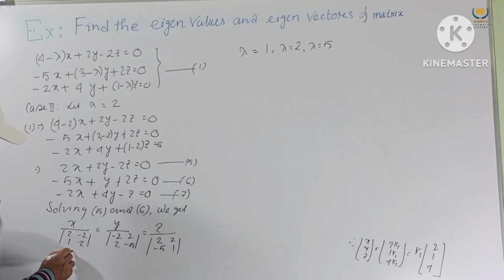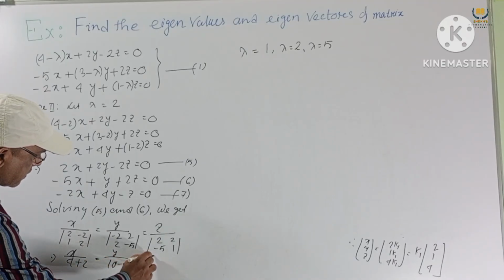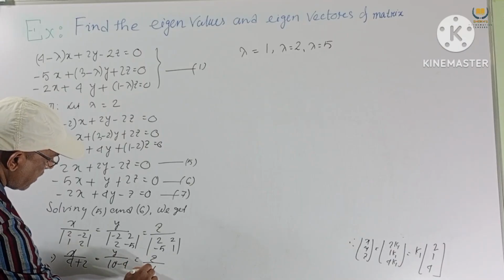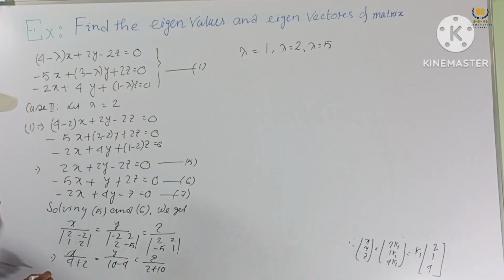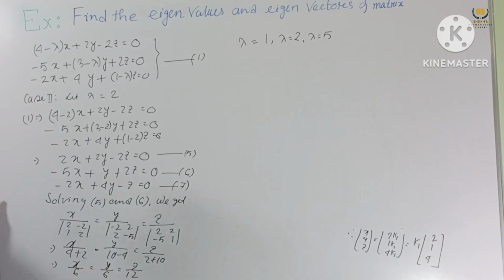Next, this is x by 4 plus 2, this into this minus this into this. Y by 10 minus 4, z by 2 plus 10. And this will be x by 6, y by 6, z by 12.